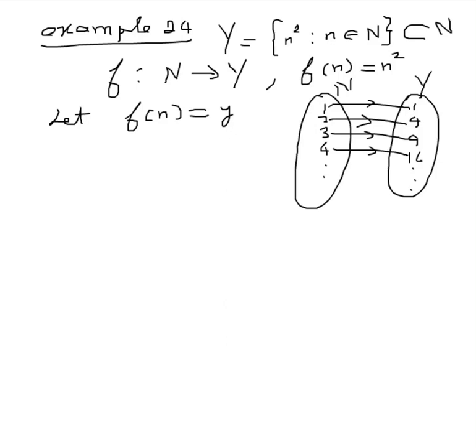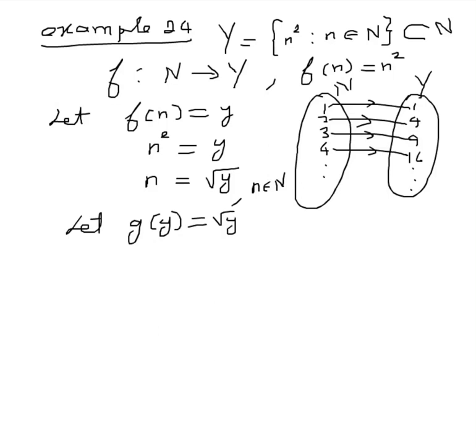So instead of x we are using n, that's the only difference. The method is the same. So f of n is n square. Let us find n as a function of y, root y. We don't write plus or minus sign here because n is a positive value because it belongs to N. We will take this as our g function, g of y as root y.